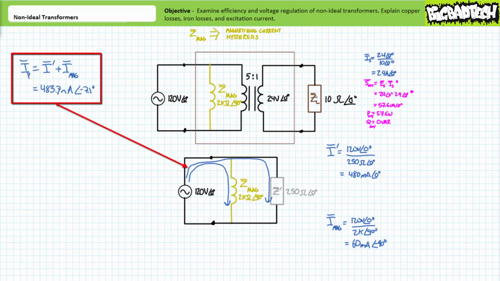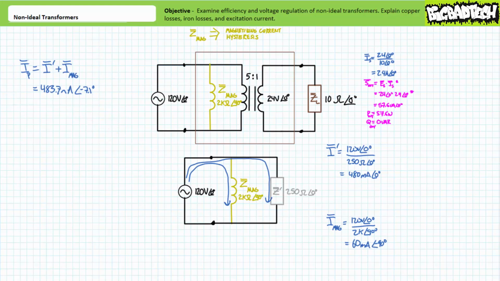Kirchhoff's current law demonstrates that the current in the primary will be 480 mA at an angle of 0, plus 60 mA at an angle of negative 90 degrees, or roughly 483.7 mA at an angle of negative 7.1 degrees. As we anticipated, source current increased because of the additional path in parallel. Additionally, note current in the primary is now slightly lagging supply voltage since we've included a reactive element in our model.